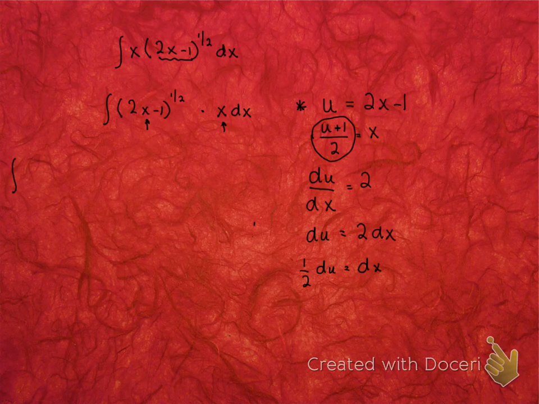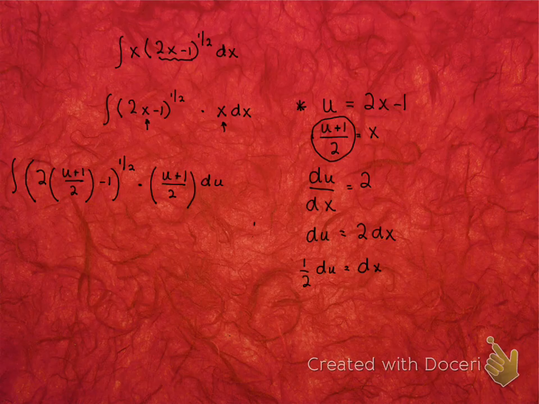Okay, so 2 times (u plus 1) all over 2 minus 1, all to the 1/2, times, here's another x, (u plus 1) over 2, du. Okay?